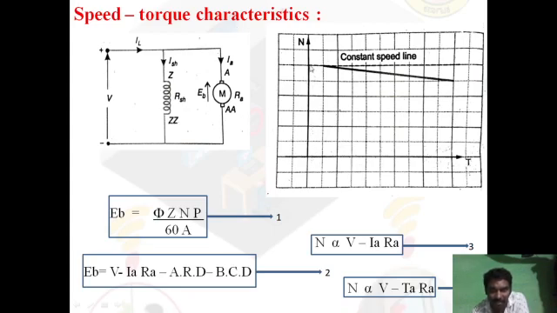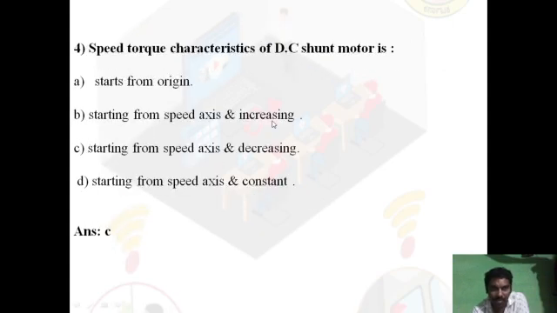It starts from the speed axis and decreases. So that is option C. It starts from the speed axis, that is N naught, and gradually decreases as we increase the load.